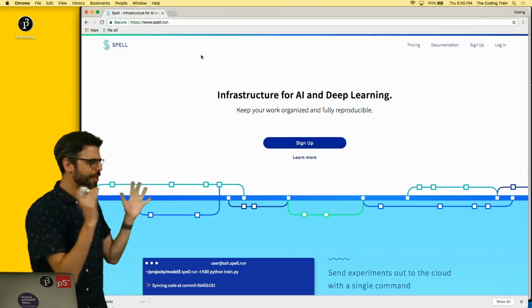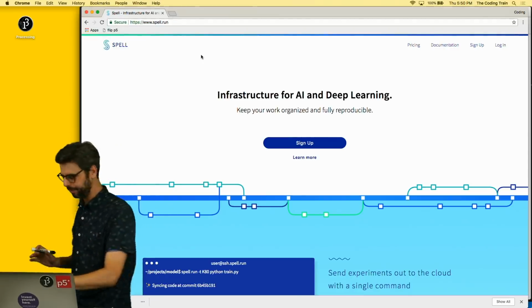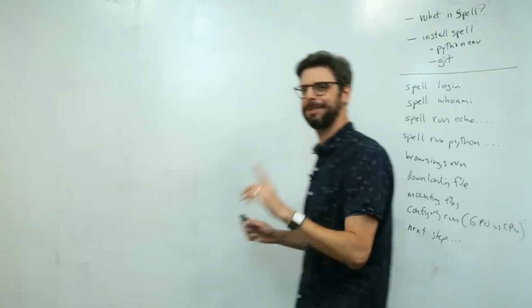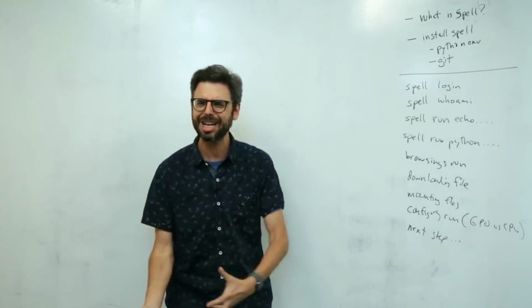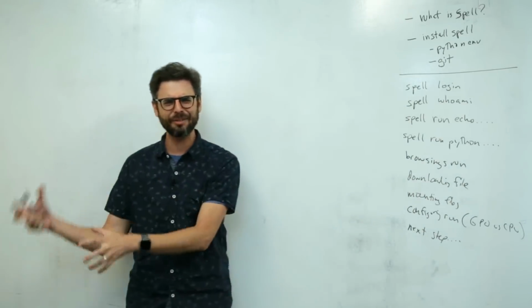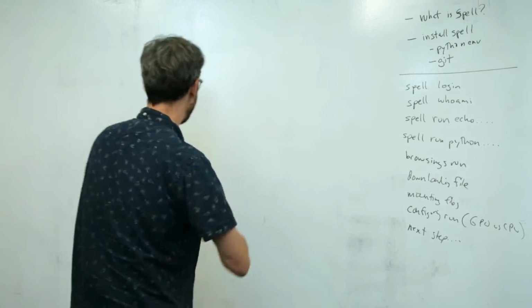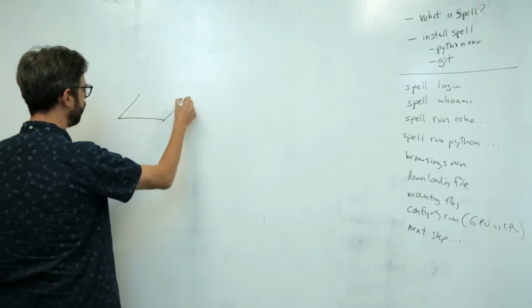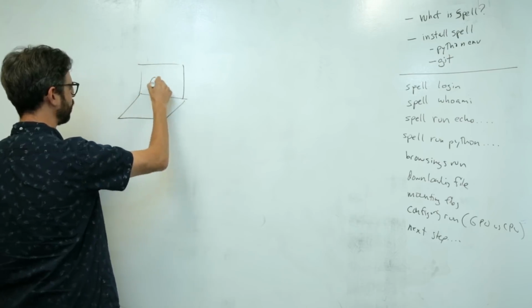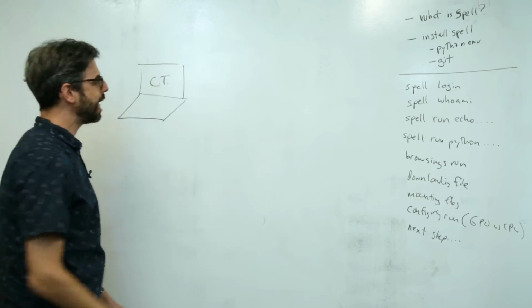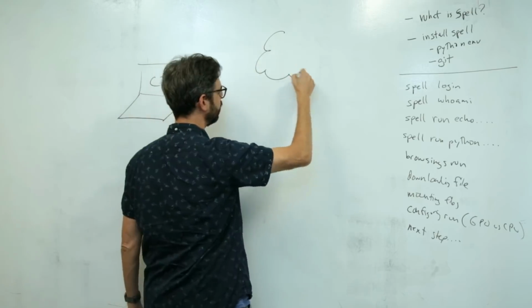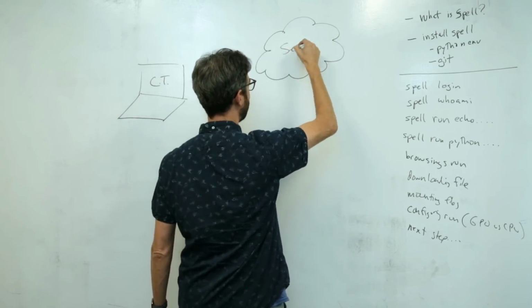Okay, wonderful. All right, so first, let's talk about what is Spell? So I've talked about the idea of client-side programming and server-side programming, and this is sort of a similar thing in the sense that we do have a client computer, my laptop, which is like the coding train. Then there is this service, which is called Spell.